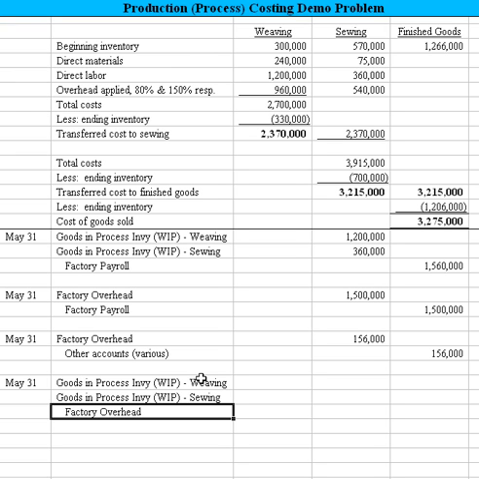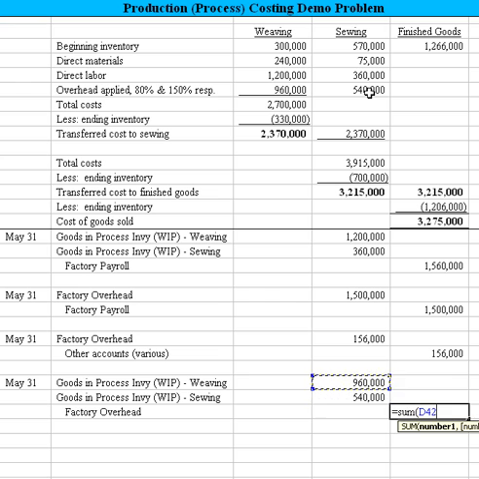And now we have to take the money out of the factory overhead account and apply it using a predetermined rate. Well, what's the predetermined rate? We have that from above, right? 960 for the weaving and 540 for the sewing. So we take it out at $1.5 million, right? Now we've applied it to the work in process.